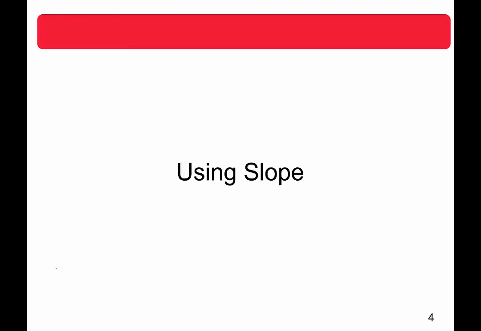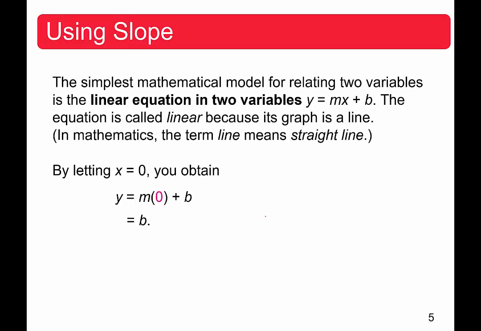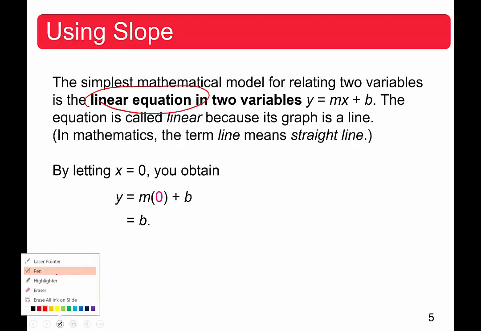So first of all, slope is a very important element for any linear equation. Slope is m. The simplest mathematical model for relating two variables is a linear equation, we know that. And here we are using this basic model, y equals mx plus b.